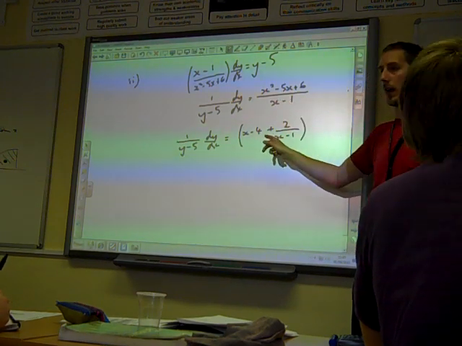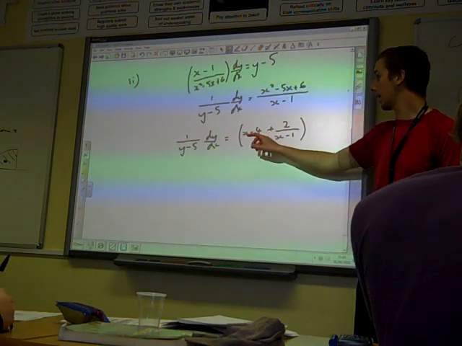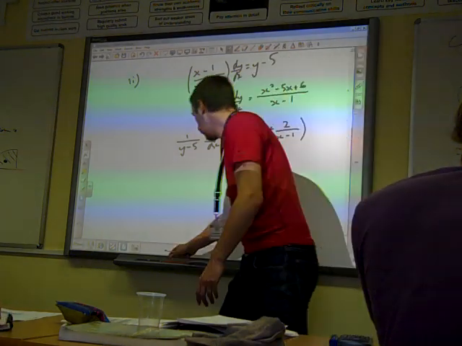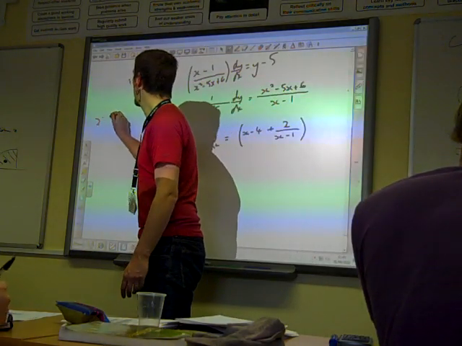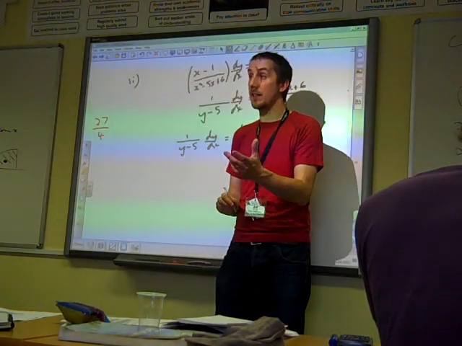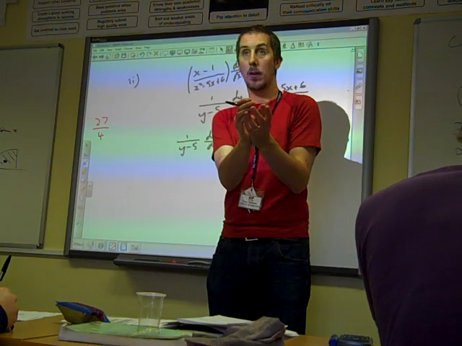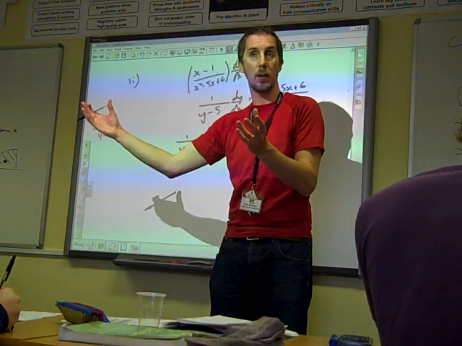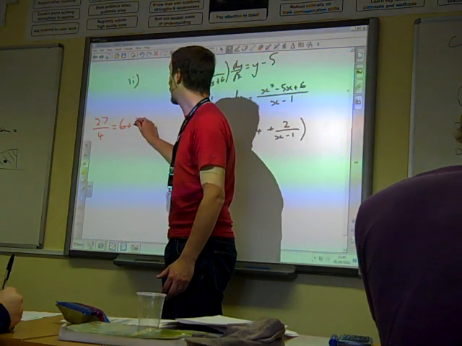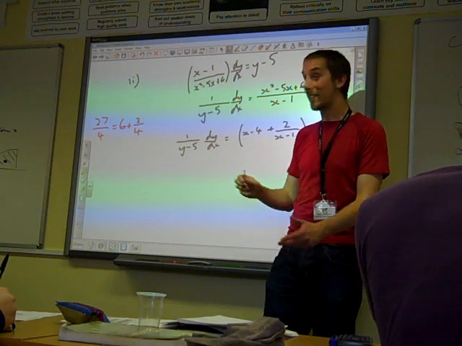That is equal to that, because that was the quotient, x minus 4, and the remainder was 2. And it's like when you do 27 divided by 4, you get a quotient of 6 and 3 as your remainder. So 27 over 4 is the same as saying 6 plus 3/4. And that's exactly what we've done here.